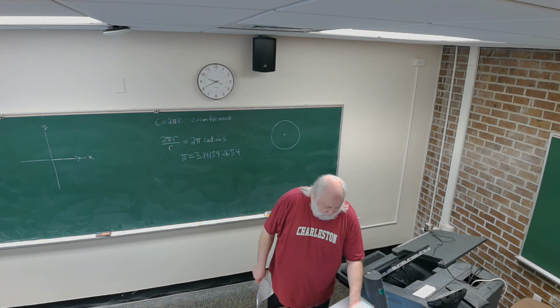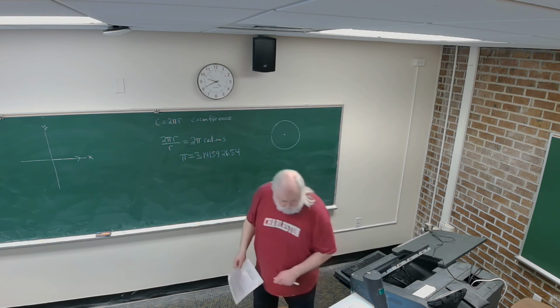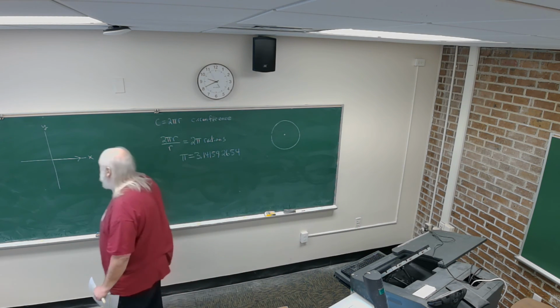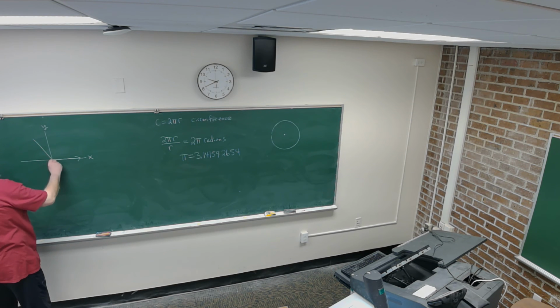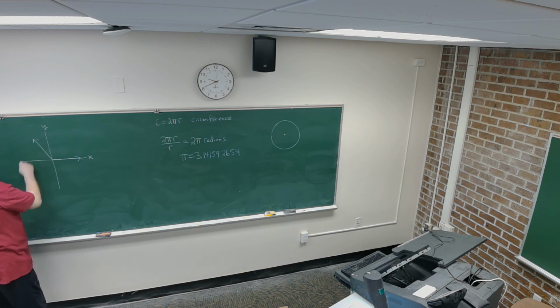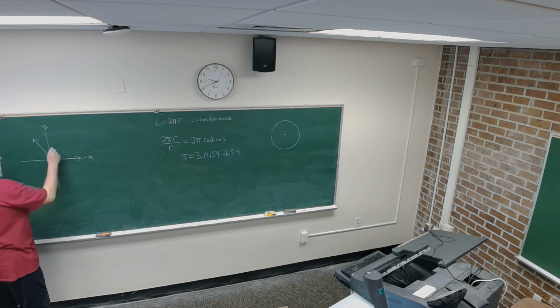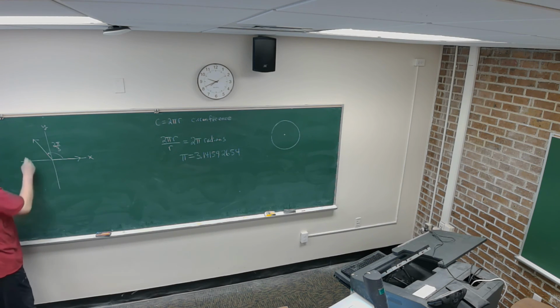Because 2/3 is greater than 1/2, but it's less than 1. So angle 2/3 pi is going to be greater than the angle 1/2 pi, but less than pi radians. And so the angle 2 pi over 3 is going to look something like that.